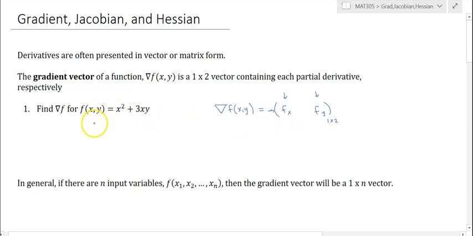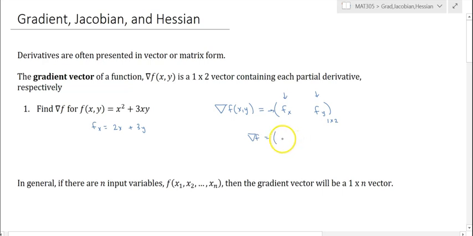So first we need to just compute those partial derivatives. F sub x will be 2x, derivative of the first term. Y is held constant, so we have 3yx, and 3y is a constant. The derivative of a constant times x is just the constant. So there's our partial with respect to x. So we could begin writing this.